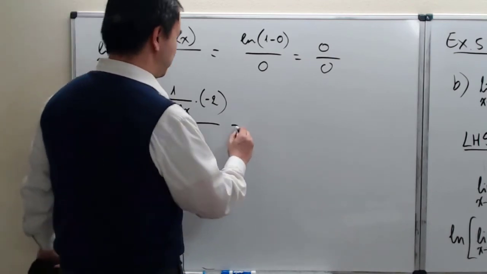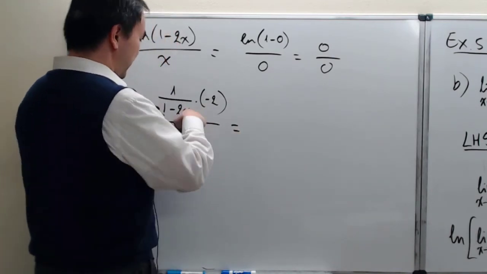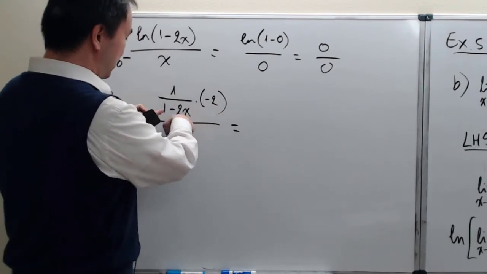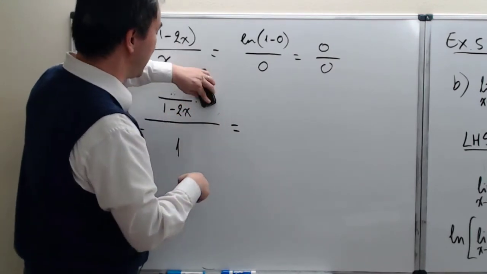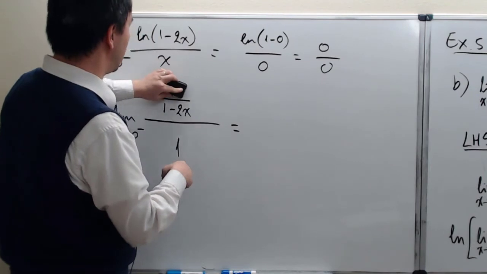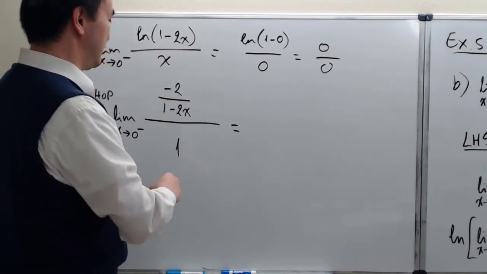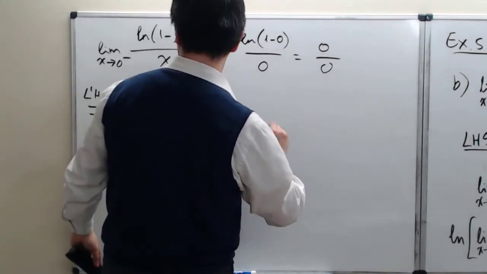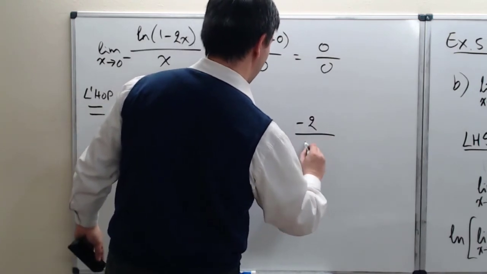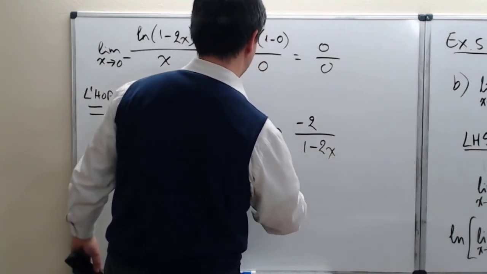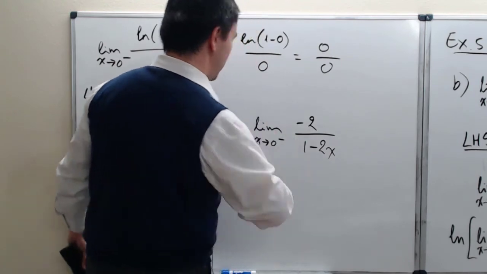And so now with this one here, we can think of that ugly looking mess as a negative 2 over all that. And so altogether this limit on the left-hand side is negative 2 over 1 minus 2x, taking the limit as x goes to 0.